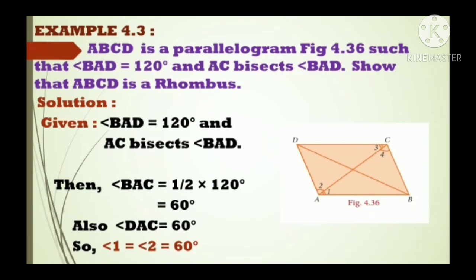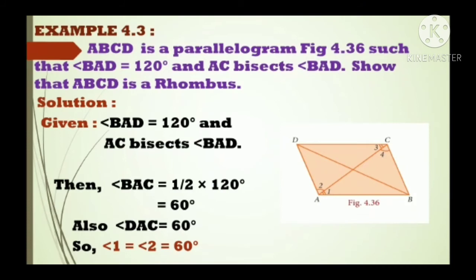Okay. Yes. Solution. What is given here? The angle BAD equal to 120 degrees and AC bisects angle BAD are given here. AC bisects BAD, isn't it? So, what is the value of BAC? Yes, BAD is 120 degrees.